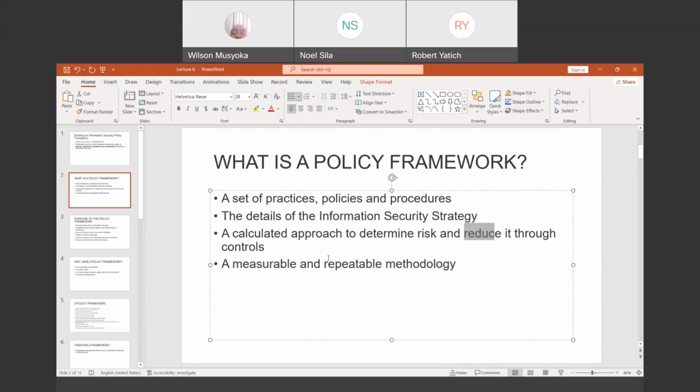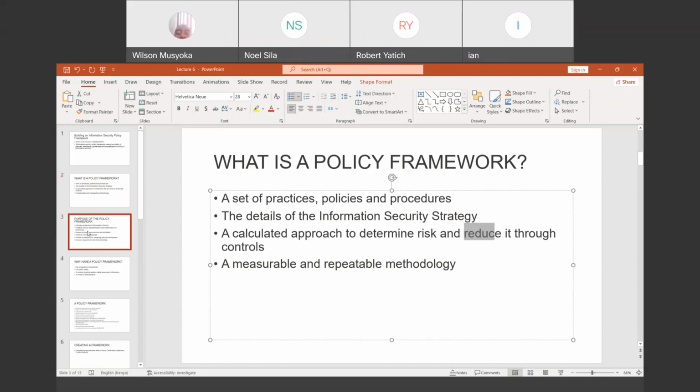That is what I mean by making it repeatable, meaning that you can do it over and over, and it will still give you the positive result that you are looking for. So that is why we say this security framework has to be measurable and repeatable.